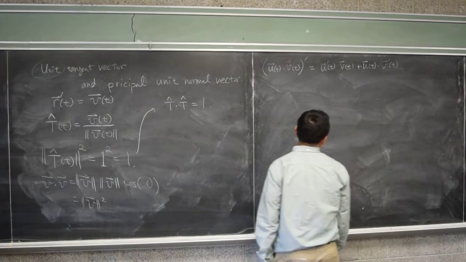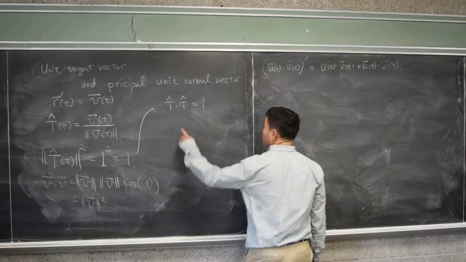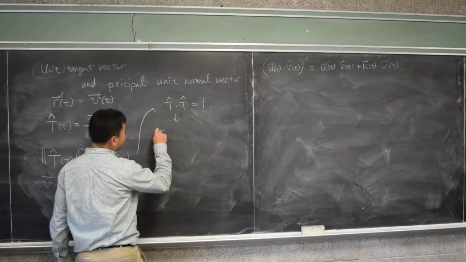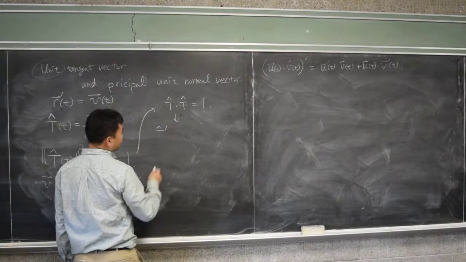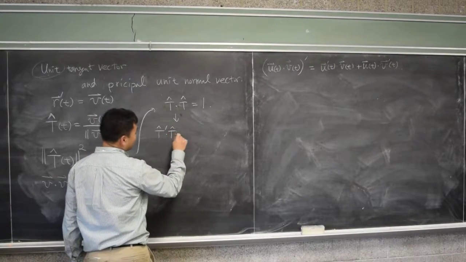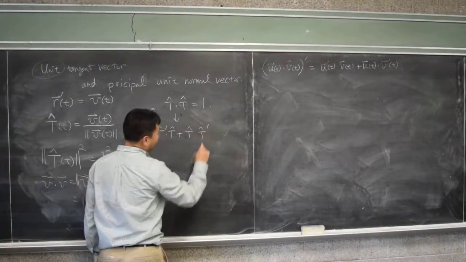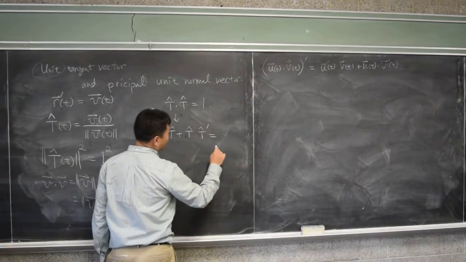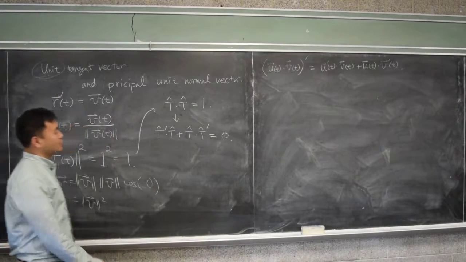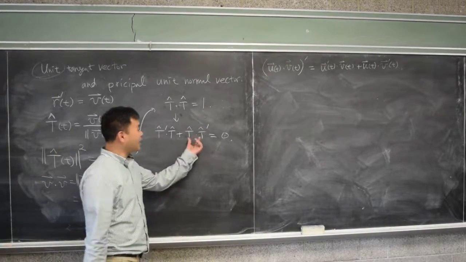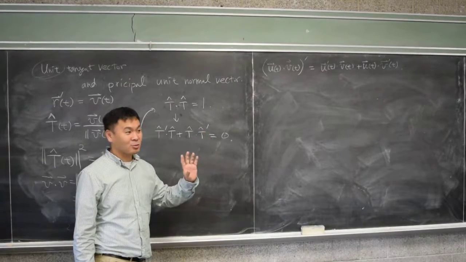So we have that, and then if I apply it to here, what would that mean? That means T prime dot with T plus T dot T prime equals 0. And thankfully, dot product is commutative, whereas cross product is not.